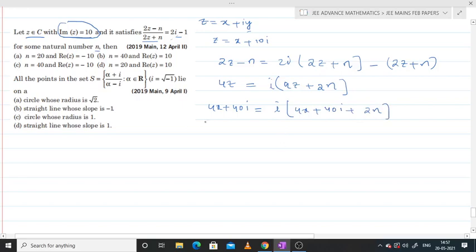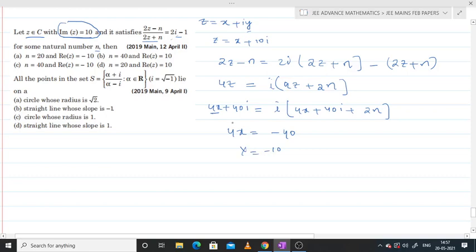Here, in the real part comparison, 4x is equal to minus 40, since i into i, i square, is a real number, minus 40. So the x value is minus 10; the real part is minus 10.